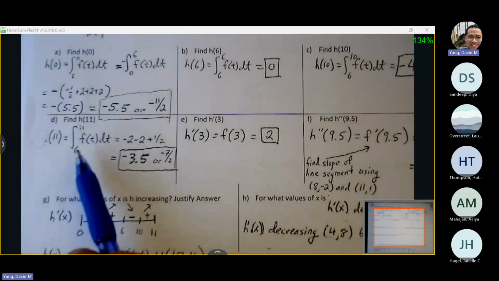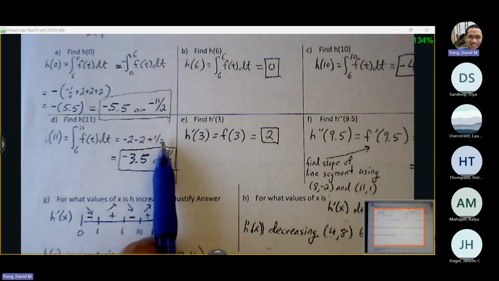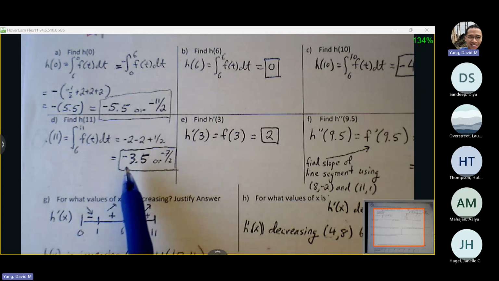H of 11, we're going from 6 to 11, so it's the two triangles below the x-axis and the triangle above the x-axis. So -4 plus 1/2 is -3.5.